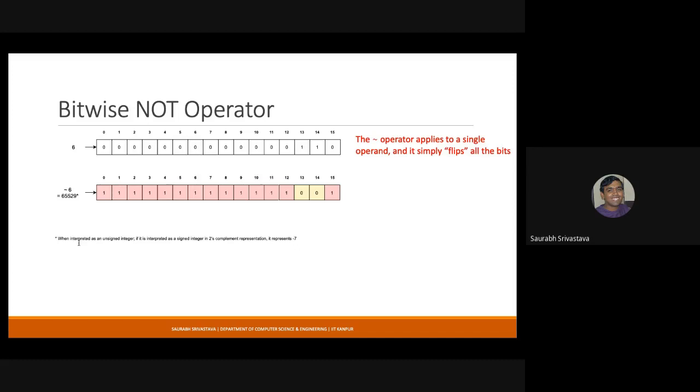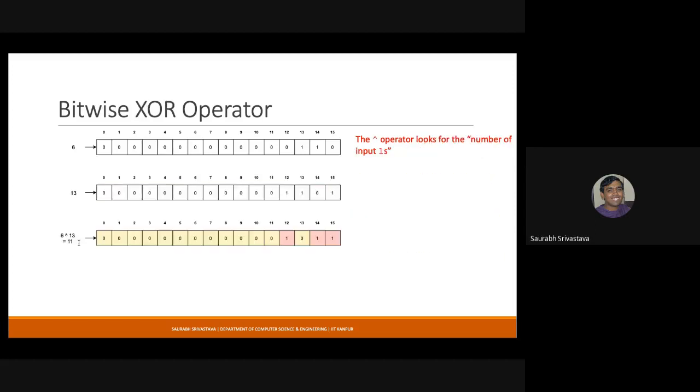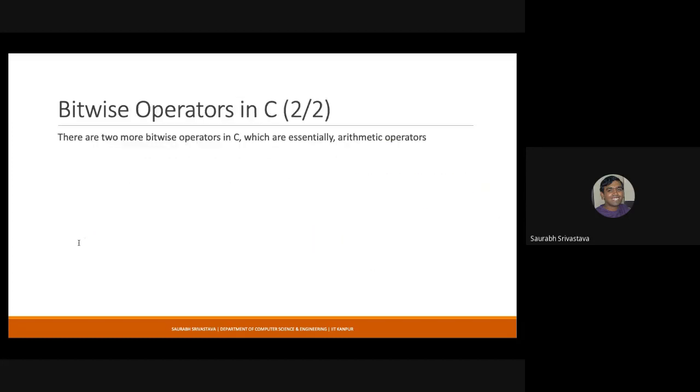This is in the case of unsigned. If it is signed, then of course you have to do the 2's complement and figure out what it means. One of the typical uses of bitwise operators is XOR. XOR is commonly used for many types of stuff. I'm not going to go into the detail. I think there might be something in the homework that you could have read.